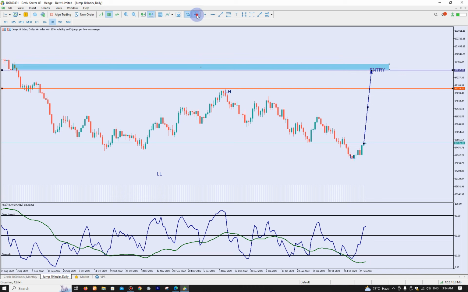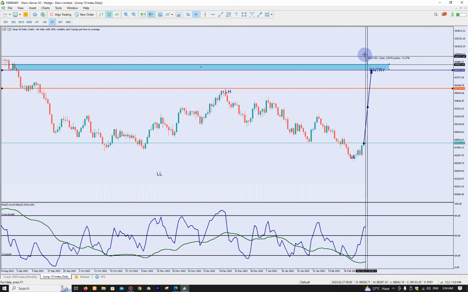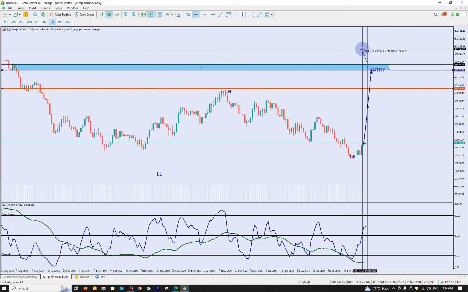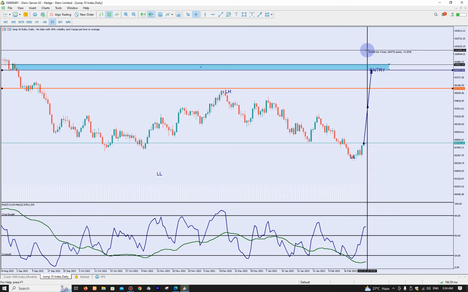so I can bring my crosshair and take 20 pips above this, which is roughly about 20 pips. 20 pips is within this zone.